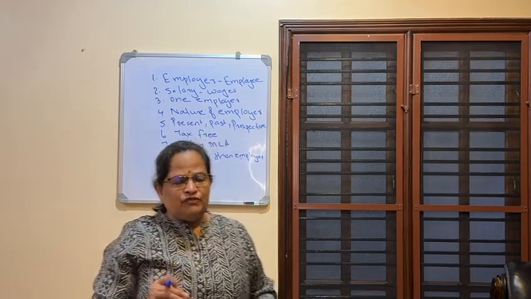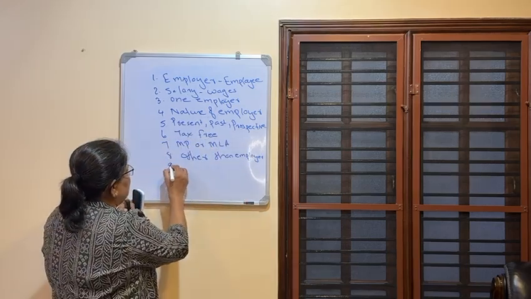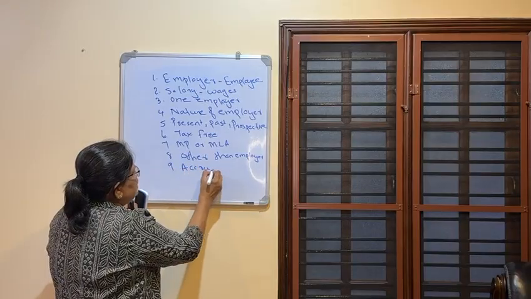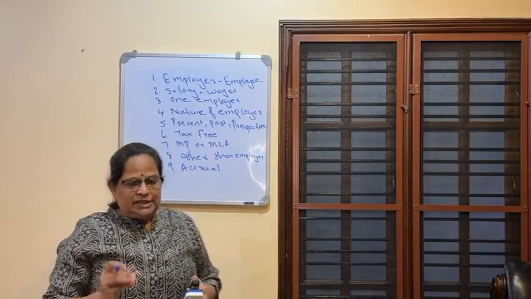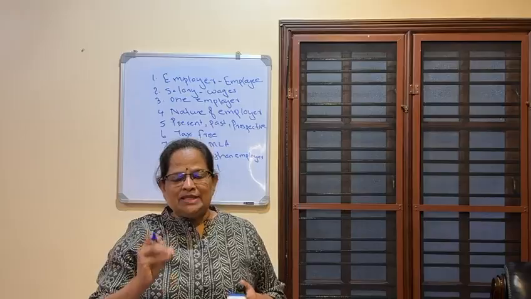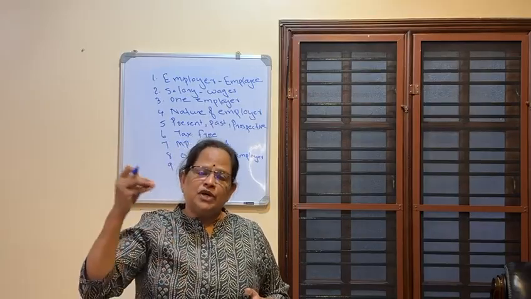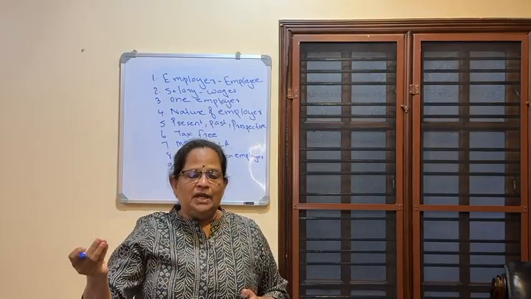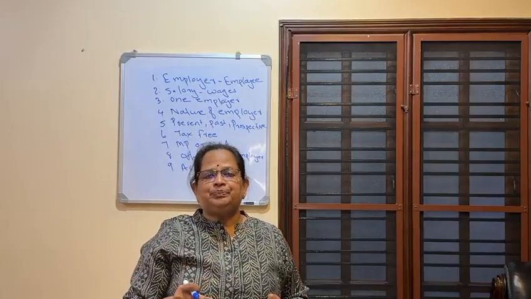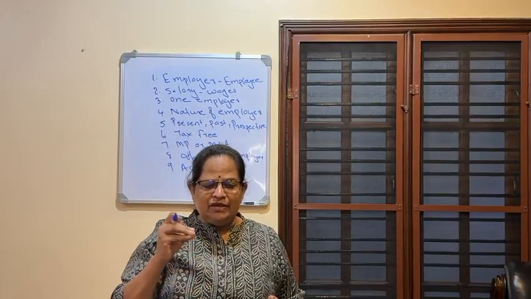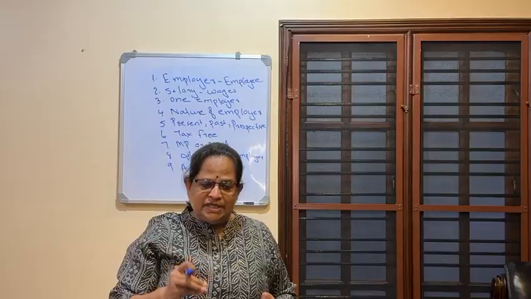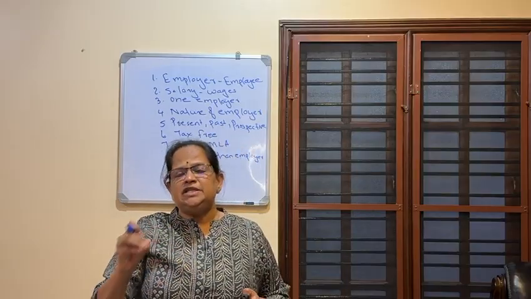Next is place of accrual of salary income. See, salary accrues at the place where services are rendered. If you work in India, it is an Indian income. If you work in USA, it is a foreign income. Pension also: pension received in a foreign country for services rendered in India is an Indian income.